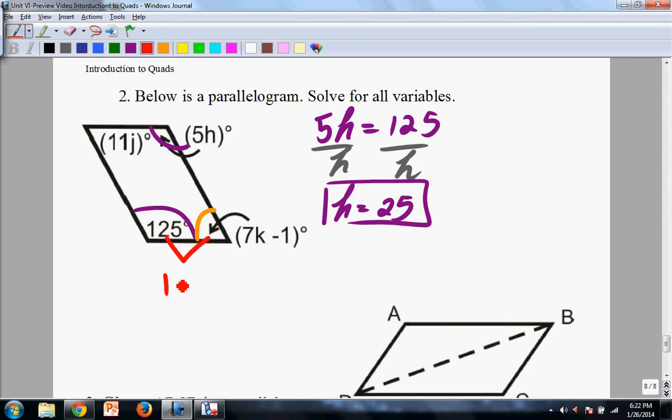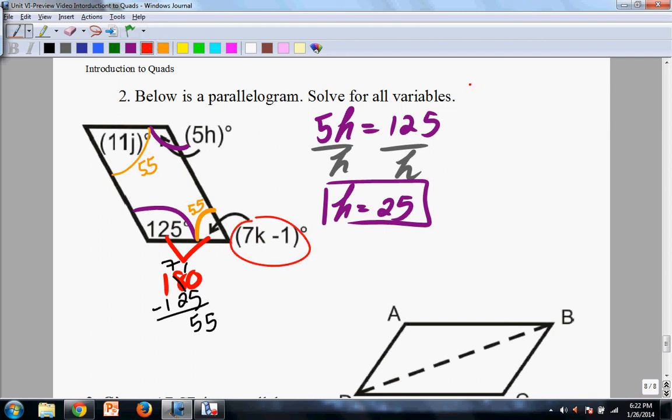We also know that consecutive angles equal 180, so that adds up to 180. We're going to minus 125. We get 55. So this orange angle is 55. And if that's the case, this is 55.